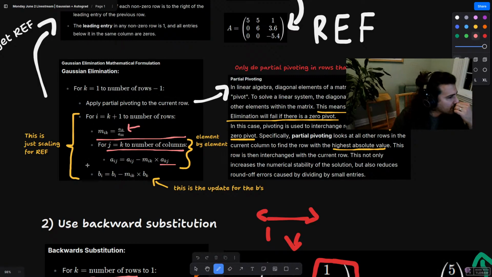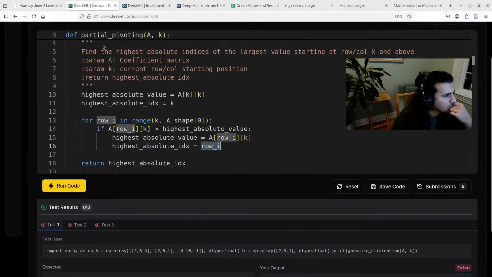We're not scaling properly. For I equal k plus 1 to number of rows. And here we're doing number of rows minus 1. Why? We're not doing the last one. What?